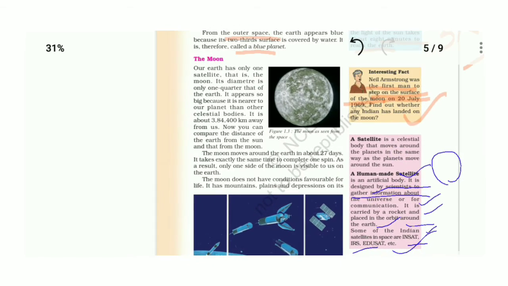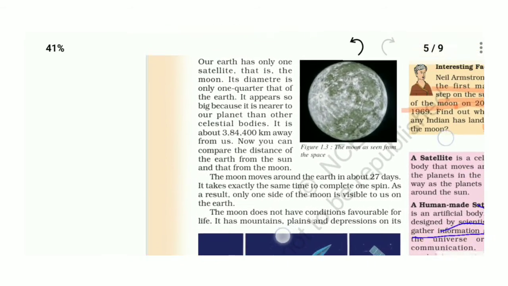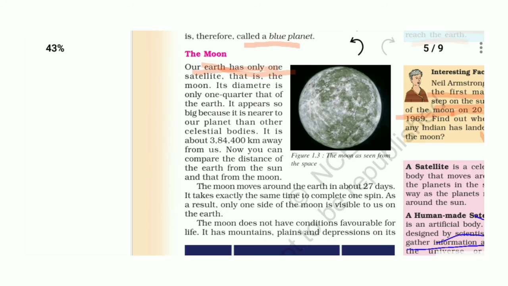After that, we are talking about the moon. Our earth has only one satellite, that is the moon, and its diameter is 1/4 that of earth. It appears big because it is nearer to our planet than other celestial bodies. It is given as 3,84,400 kilometers away from us.